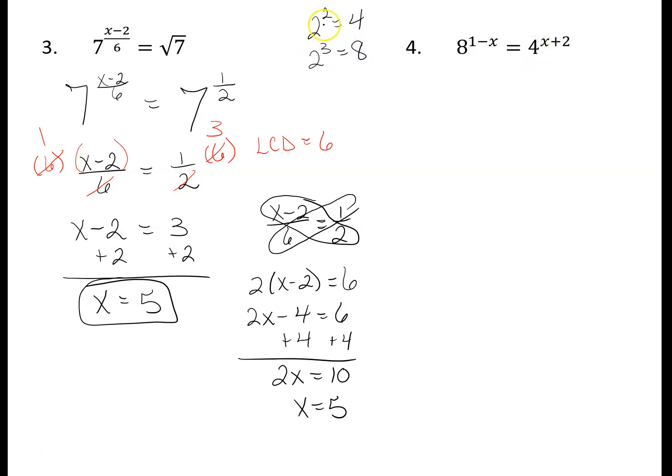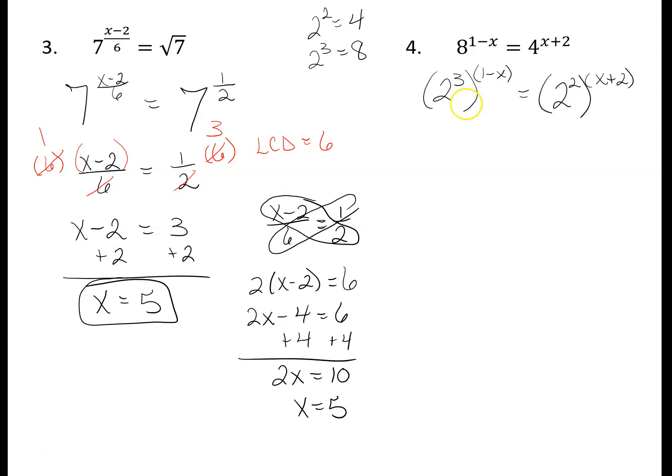So now 4 could be written with a base of 2, and 8 could also be written with a base of 2. So I will change the base on both sides. So 8 becomes 2 cubed. I'm going to put some parentheses around that and then also around my exponent. On the right, replace 4 with 2 squared and then put some parentheses around your exponent.